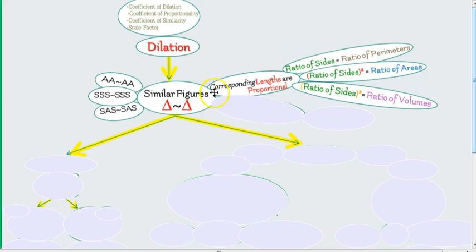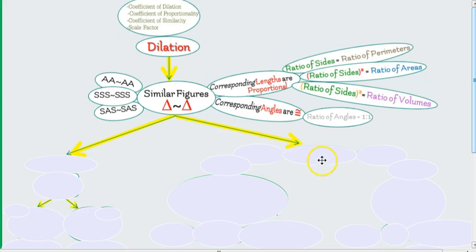Now, these are relationships of lengths, corresponding lengths, perimeters, areas, and volumes of similar figures. Please remember that corresponding angles in similar figures are congruent. Therefore, corresponding angle ratio is always 1 to 1.